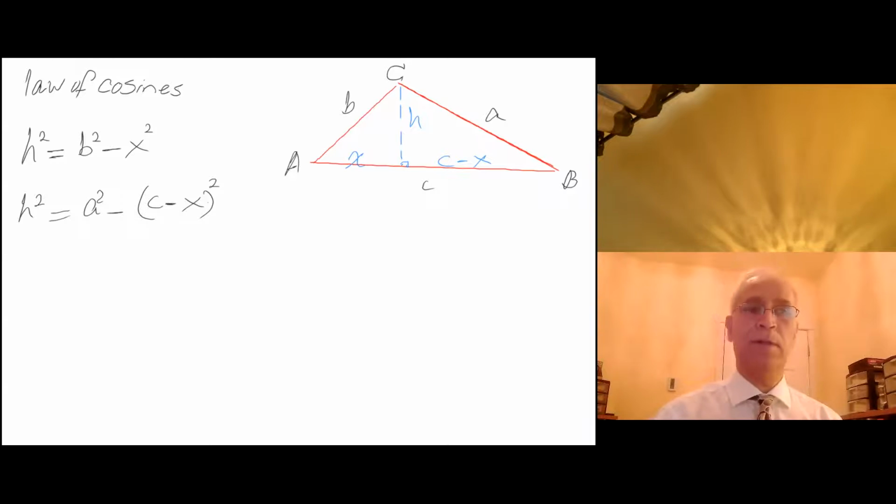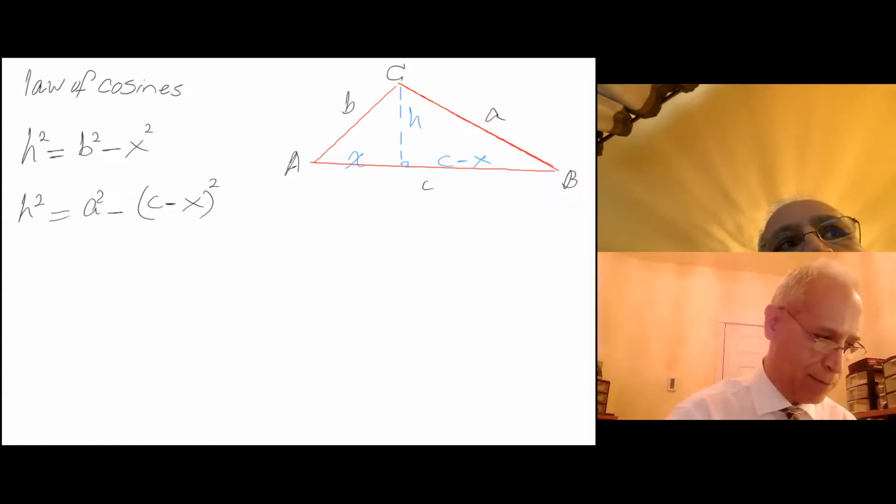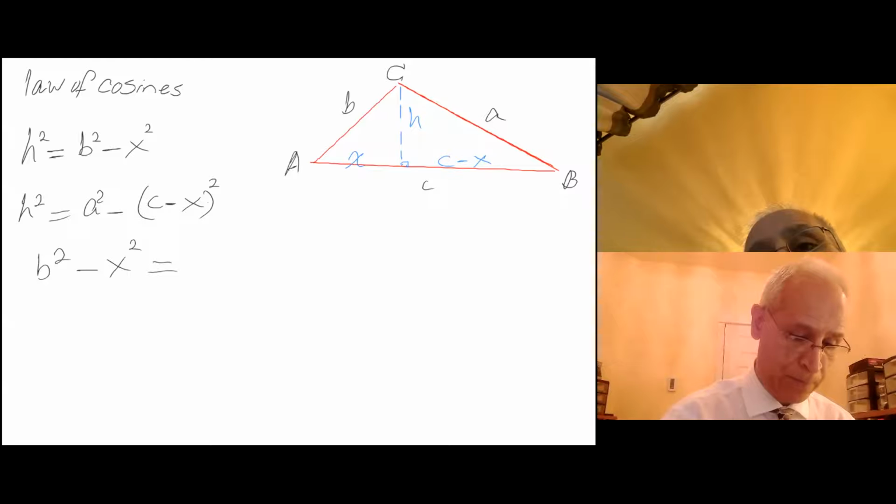Since we are talking about the same height, they're the same thing. So I can claim that b squared minus x squared is equal to a squared minus (c minus x) squared.